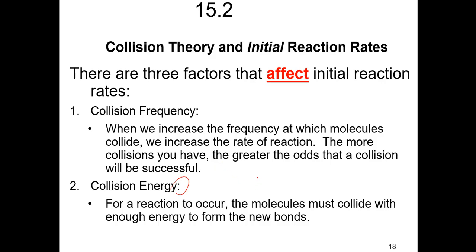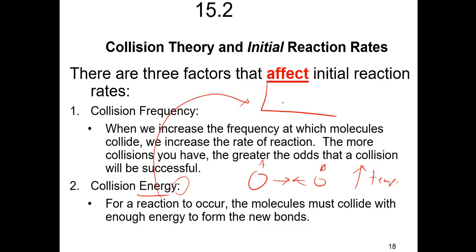So for example, if I have molecule A and I have molecule B, it requires a high speed, and the magic word for speed in chemistry land is temperature. That's the movement of the particles of the substance. When they hit each other at a high velocity due to temperature, then most likely they will achieve the collision energy.